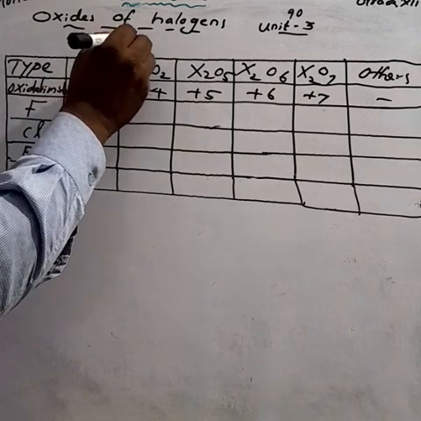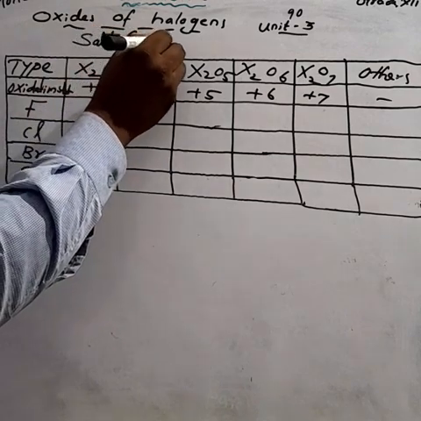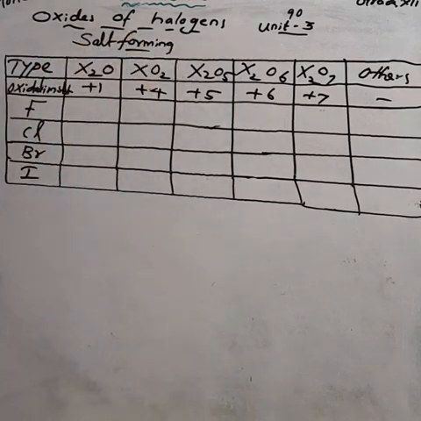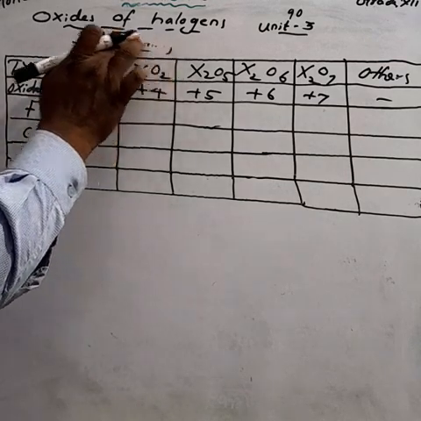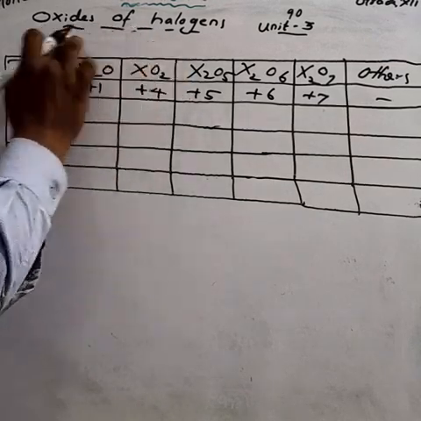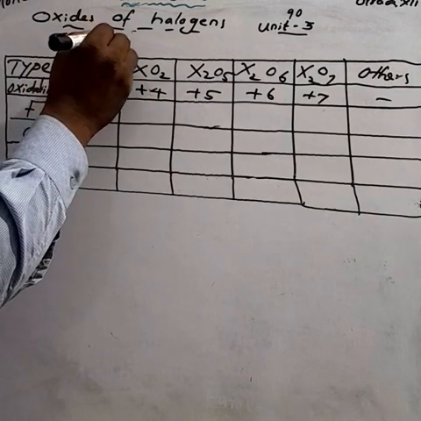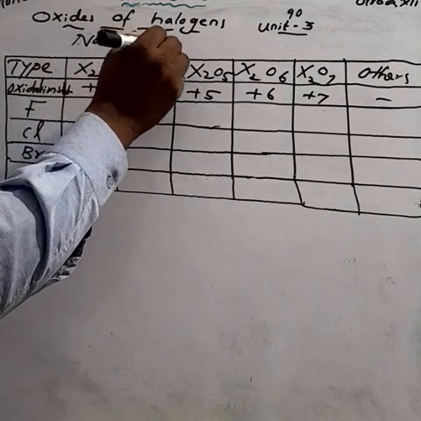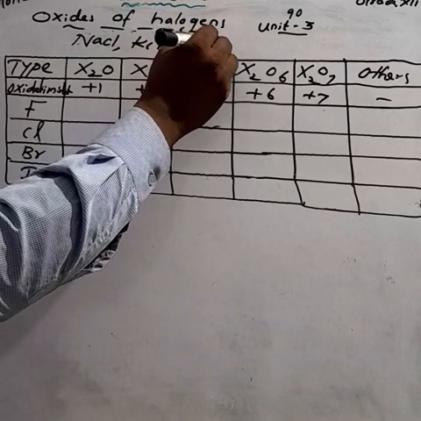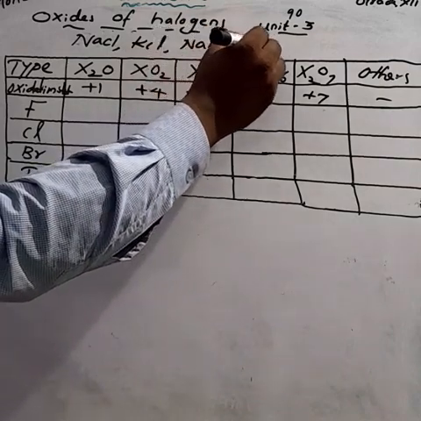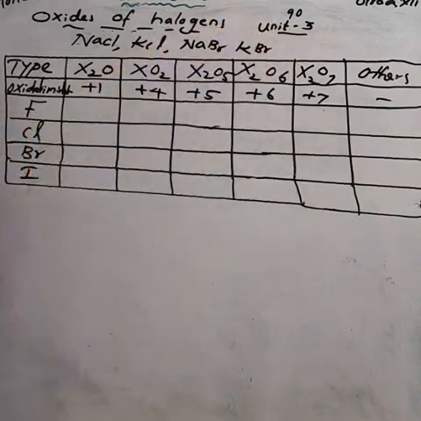The 17th group elements are called salt forming elements. It is involved in salt forming, for example, sodium chloride, potassium chloride, sodium bromide, potassium bromide, sodium iodide. These are all salts, formed by means of an alkali element.